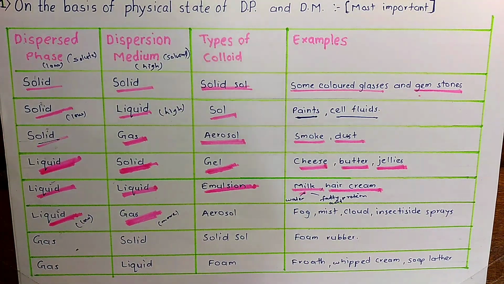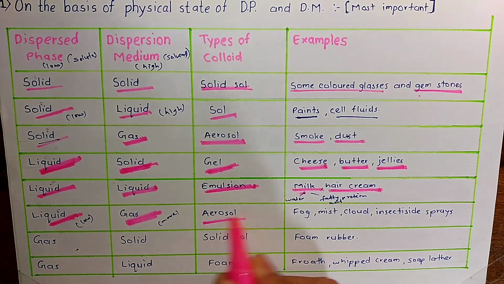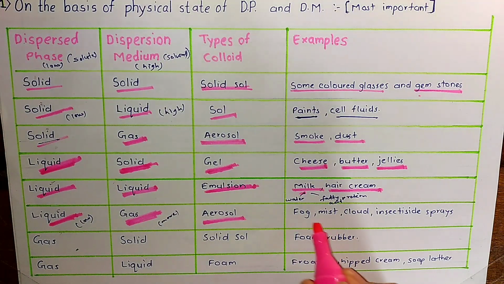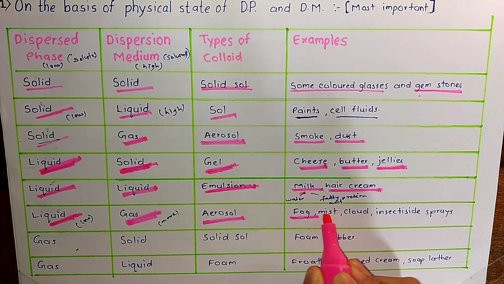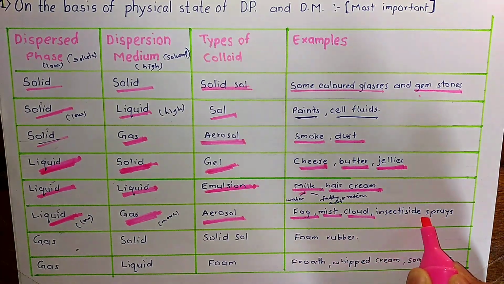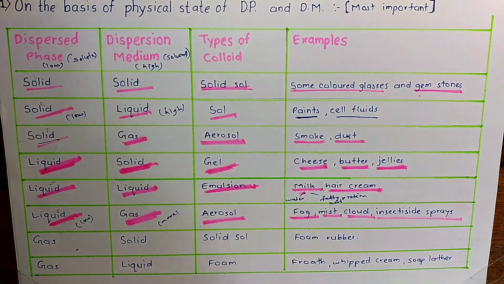We are mixing a liquid in gas, and the type of colloid is aerosol. Examples of aerosols are fog, mist, cloud, and insecticide sprays.